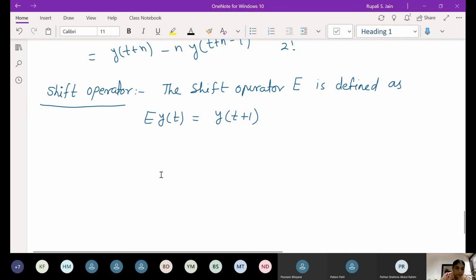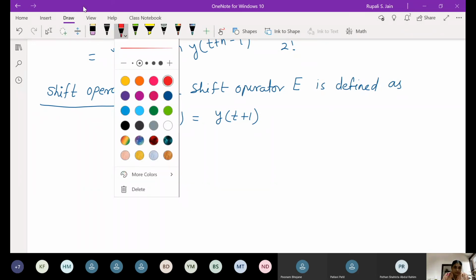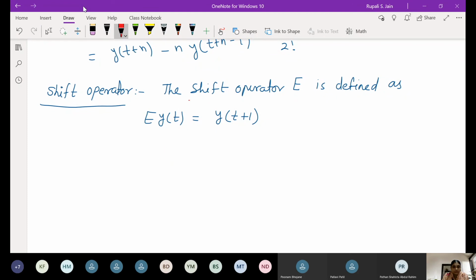Means we have to just shift by 1. If I operate this operator E on the function yt, then the argument t will be shifted by 1, so we call it the shift operator. This is my shift operator E.